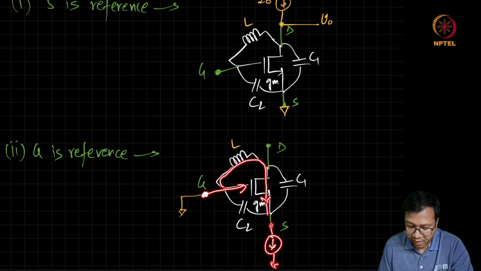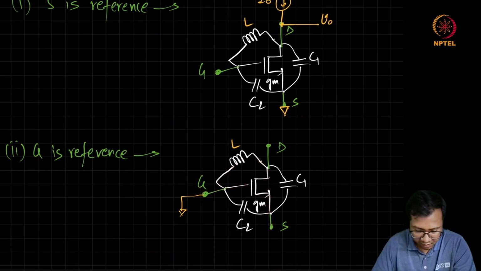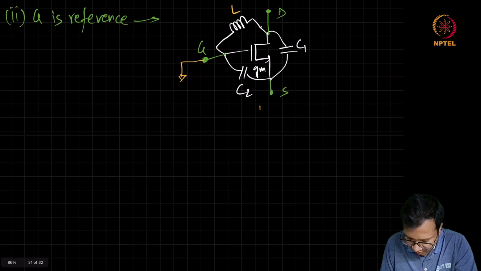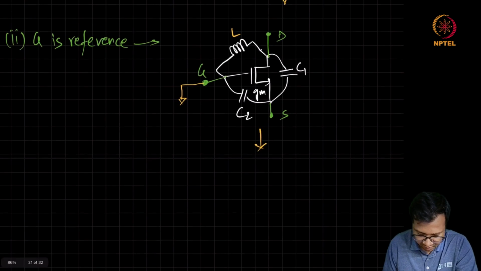And many times we'll see that this gate voltage need not be the same as the drain voltage. So we can choose different voltage sources for the gate and the drain. So the circuit can be modified.